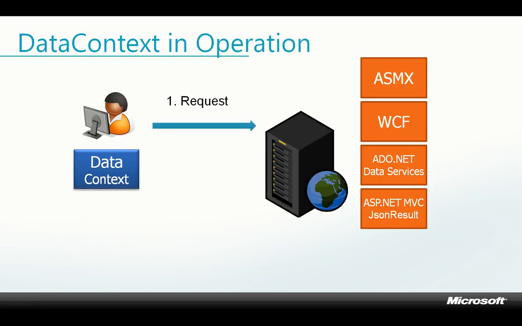The data context control is a connection between your client application and the server, and as we said, the server component can be represented by any JSON-compatible service like ASMX or WCF or ADO.NET data services, or a JSON result that's returned from an ASP.NET MVC model view controller application, or anything else that's JSON compliant.